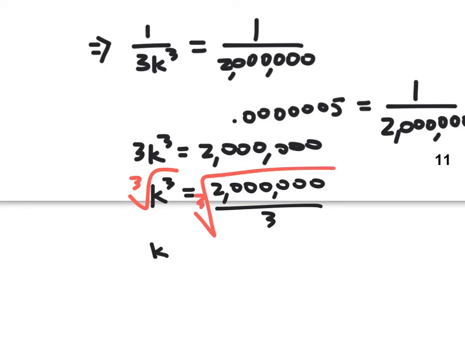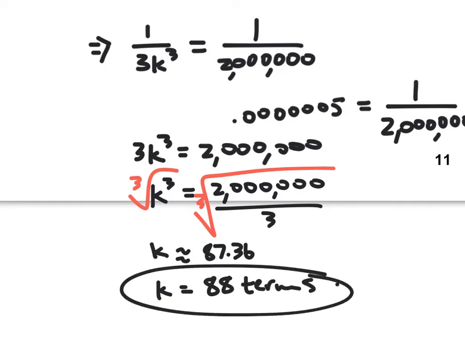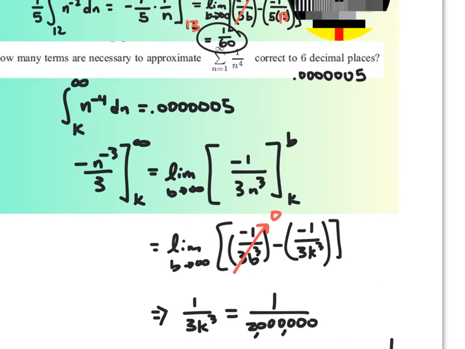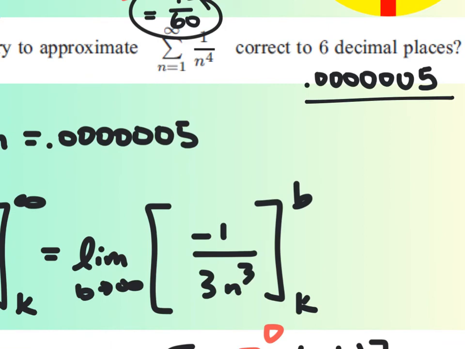My calculator is telling me that k would be approximately 87.36. So I'm going to be careful and go further. I'd say 88 terms out in order to get that close to my actual sum.